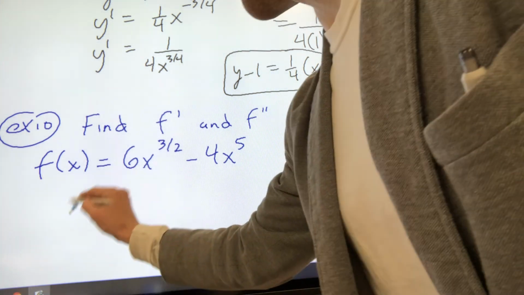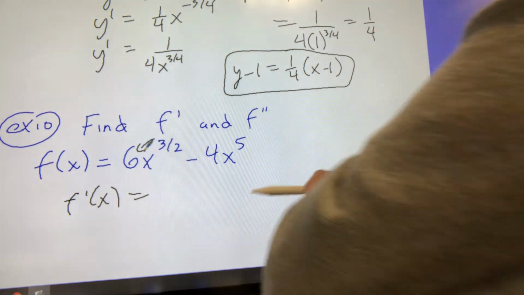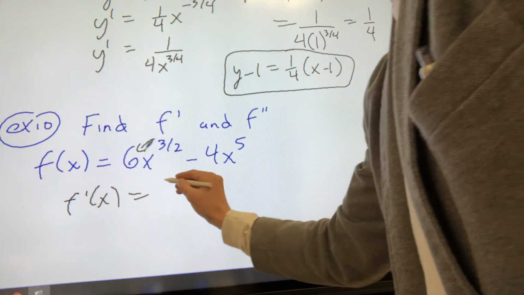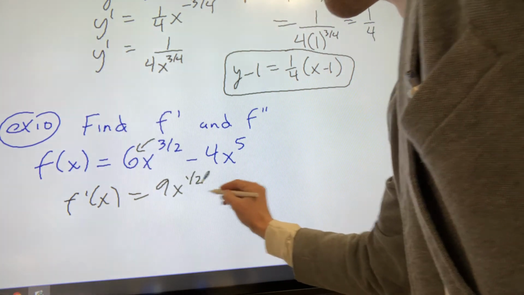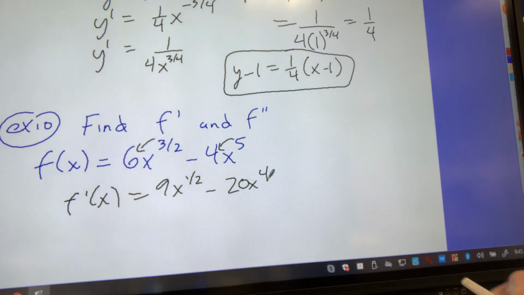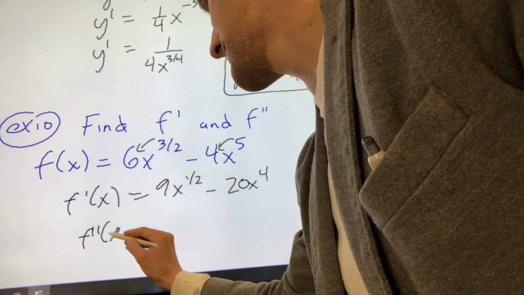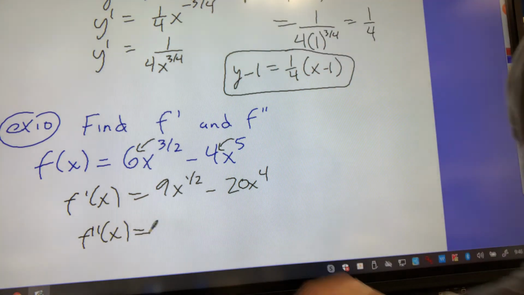So the first derivative would be this. Bring down the power, that is going to be 18 over 2, so 9x to the 1/2 minus, bring down the power, 1 power less. That's the first derivative, easy peasy. The second derivative, f double prime of x.